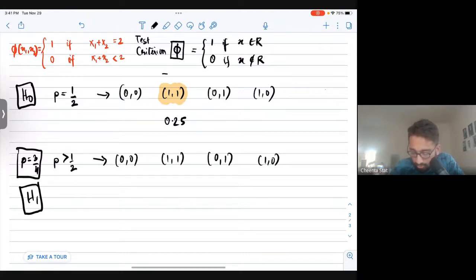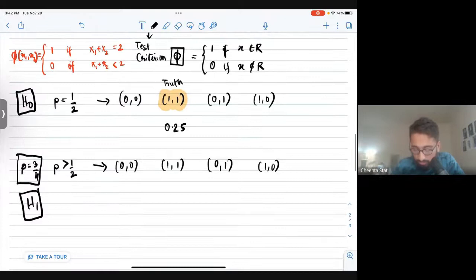It actually has happened that p is equal to half, that is, the null hypothesis is true, but since it is 1 comma 1, it's rejected. So due to some probabilistic chance, even if the null hypothesis is true, it has been rejected, or vice versa.